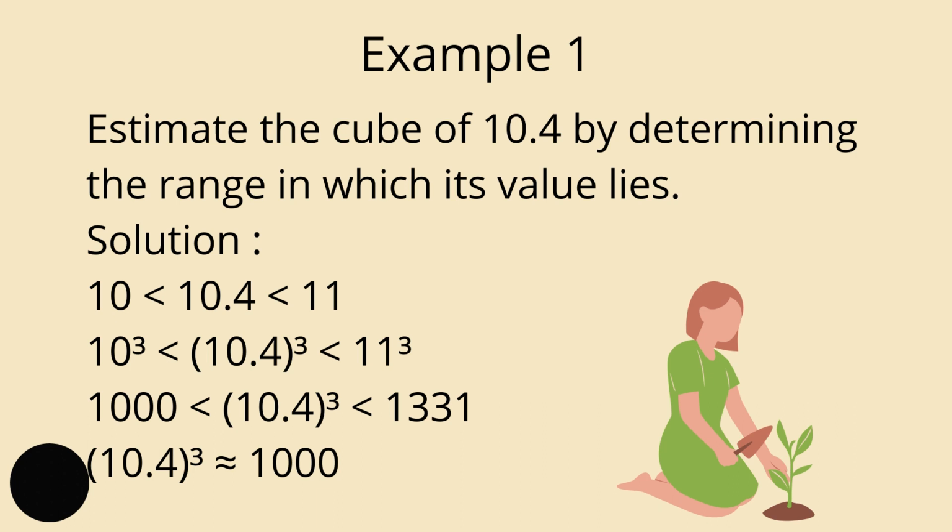So 10 is smaller than 10.4, and 10.4 is smaller than 11. Then we find 10 cubed, which is 1000, and 11 cubed, which is 1331. So 10.4 is closer to 10. The answer is 10.4 cubed approximately equals 1000.